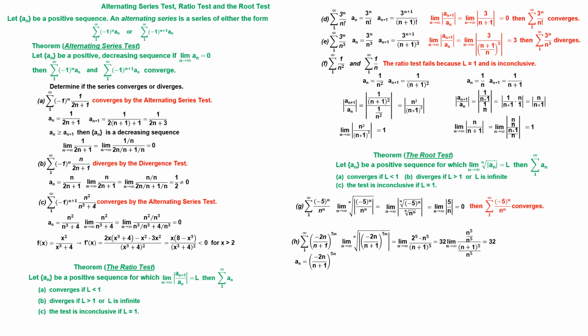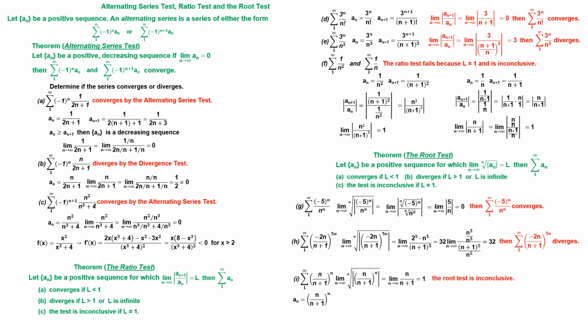As this limit is greater than 1, the series is divergent. To solve item I, we identify the sequence and we can directly apply the root test. As this limit is 1, the test is inconclusive. We should apply another test to verify whether this series converges or not.